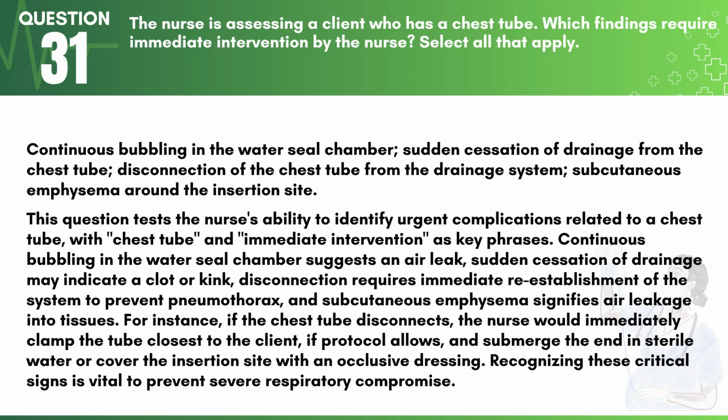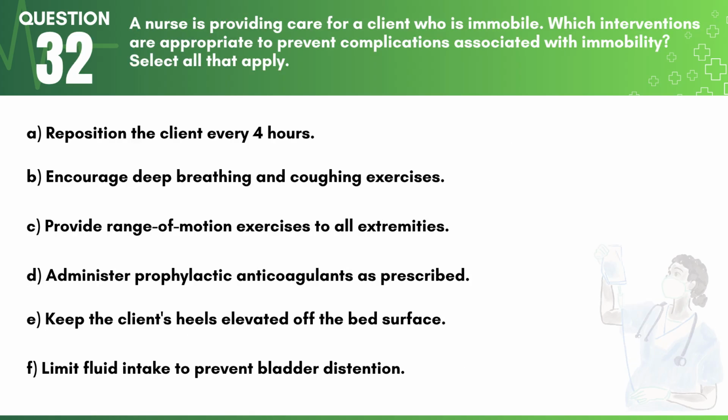respiratory compromise. Question 32. A nurse is providing care for a client who is immobile. Which interventions are appropriate to prevent complications associated with immobility? Select all that apply. A. Reposition the client every 4 hours.